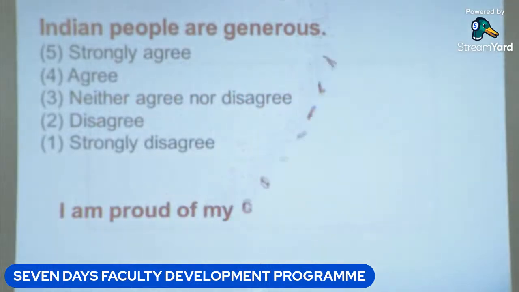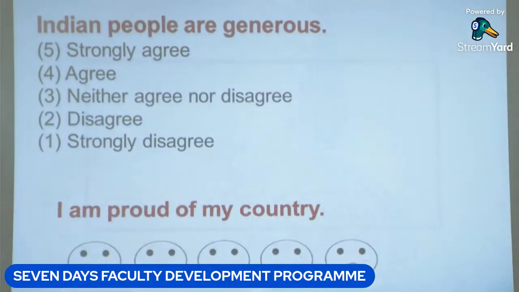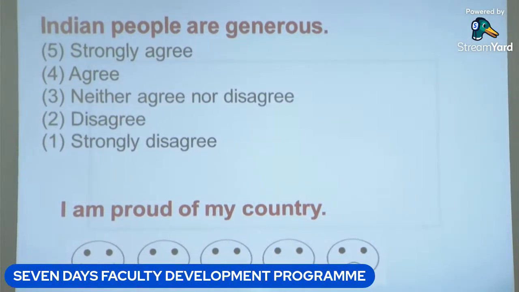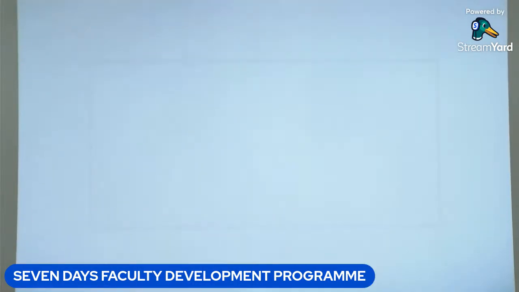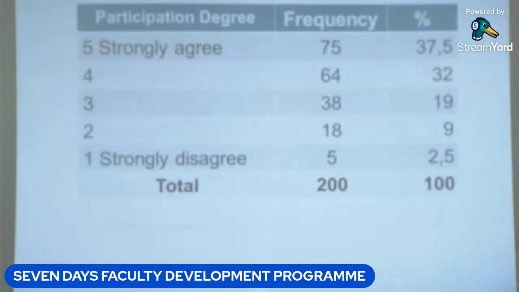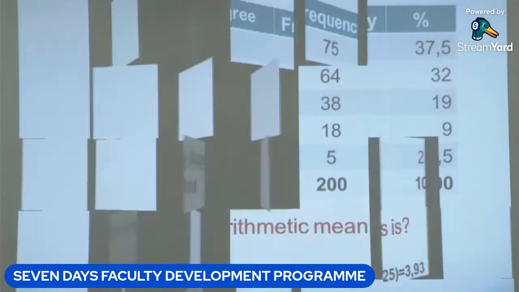In marketing or business related aspects, they treat this also as interval scale, but purely statistically, it comes under ordinal scale. Then the last but not the least is the ratio scale.